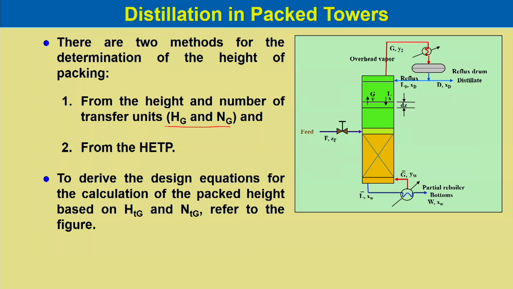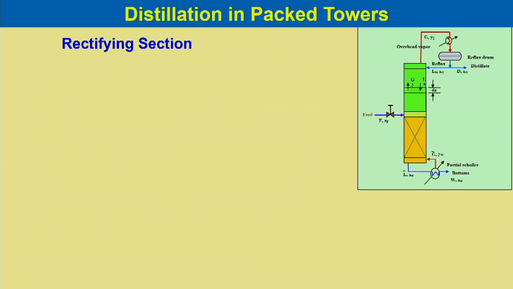To derive the design equations for the calculation of the packed height based on HTG and NTG, that is height of gas phase transfer unit, and NTG is number of gas phase transfer units, we need to refer to this figure. Now, we have two sections. Above the feed location is the rectifying section and below the feed location is the stripping section.